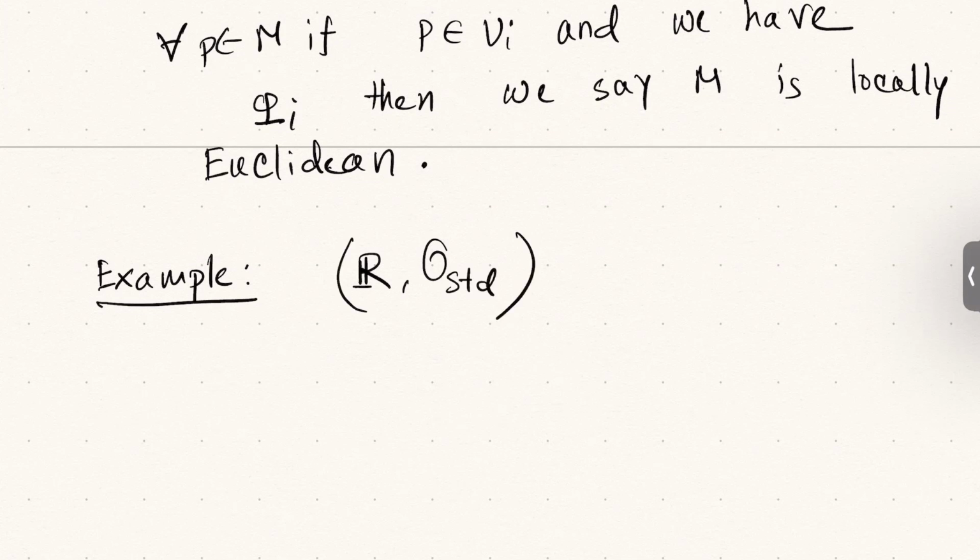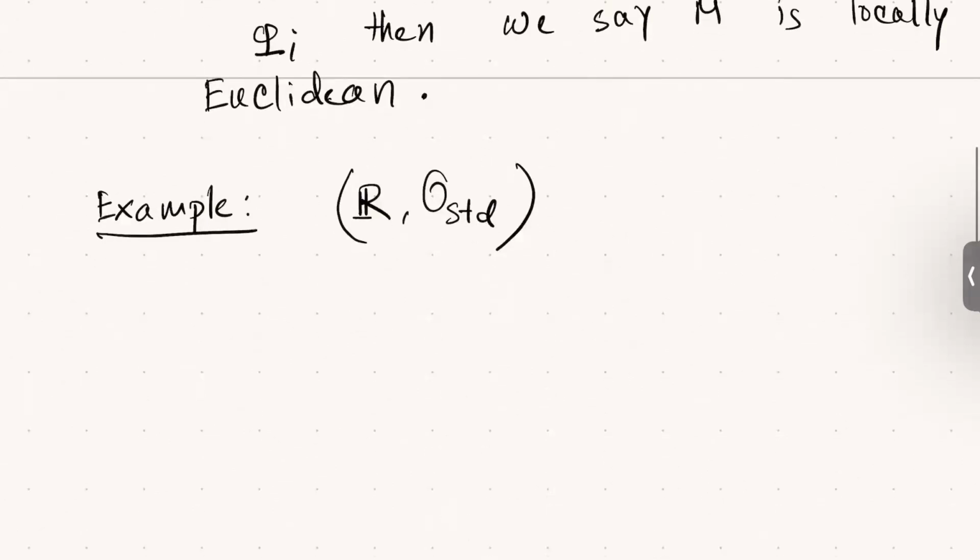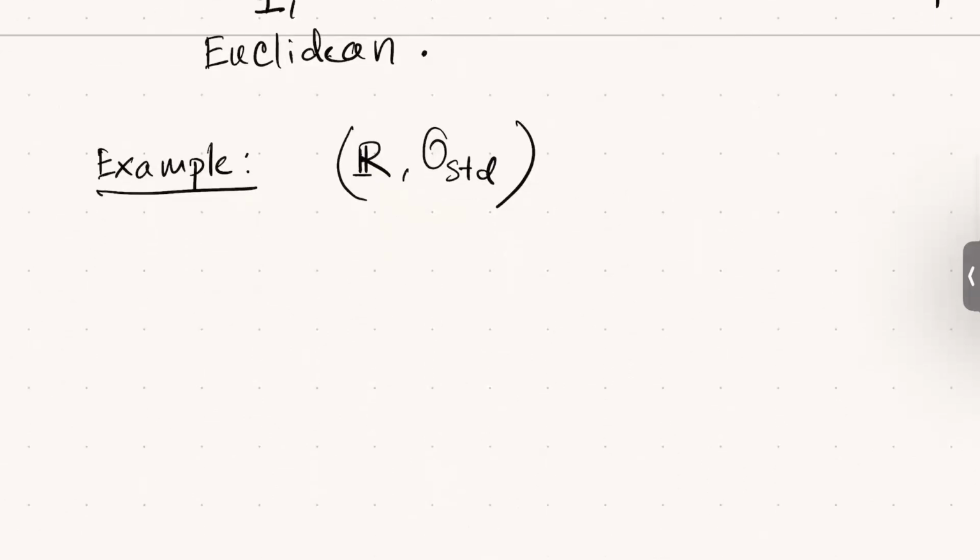Can I construct a homeomorphism from this R to some R^n? What will be the homeomorphism? The identity map, and the set is R itself. So there is a global chart, right? Although I didn't define what a chart is. So this is a topological manifold.